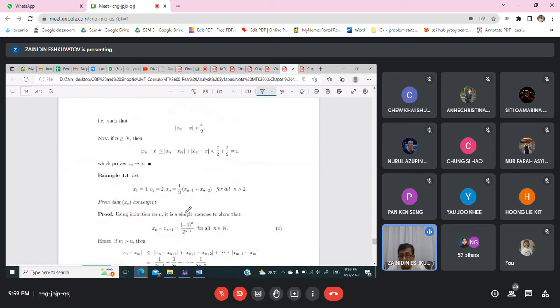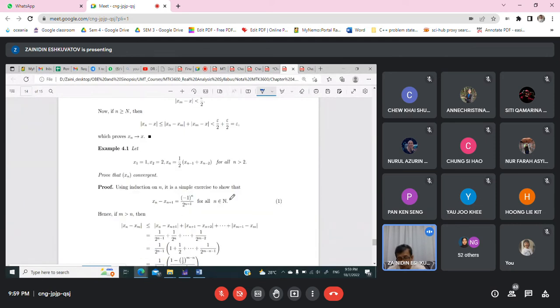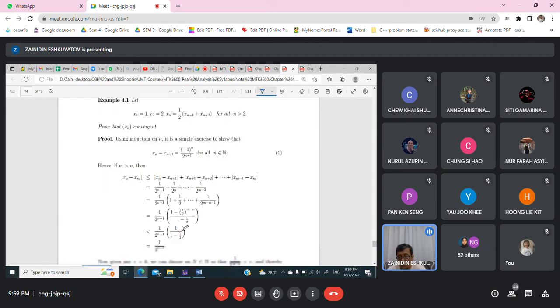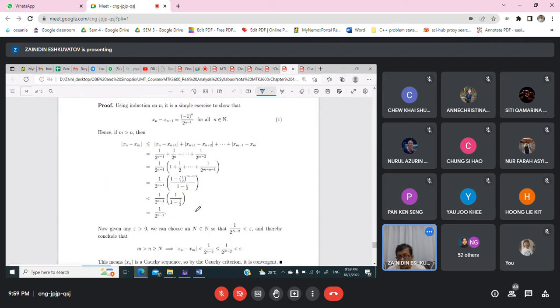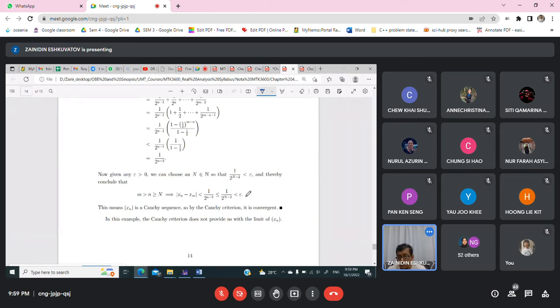There are many good examples. Here, 1, 2, 3, three sequences are given. How to prove their convergence? That one is not direct. There are many interesting estimations and equalities, and then you find that it is less than epsilon. Very nice.